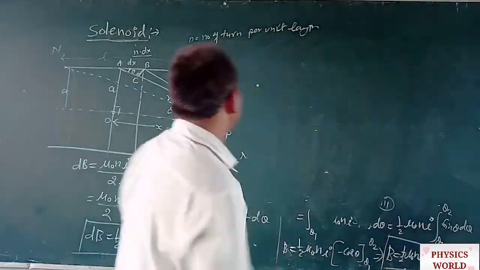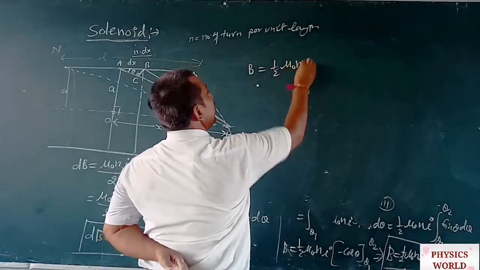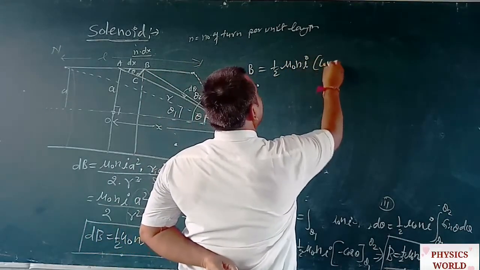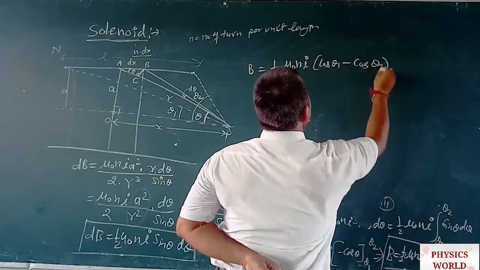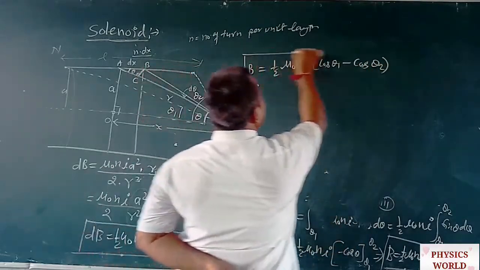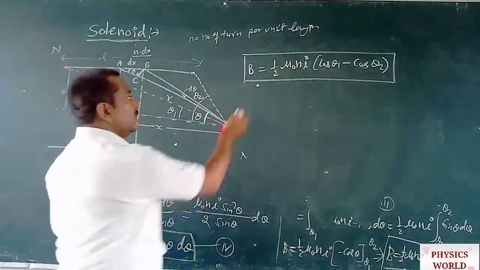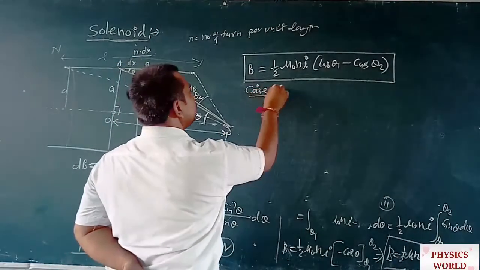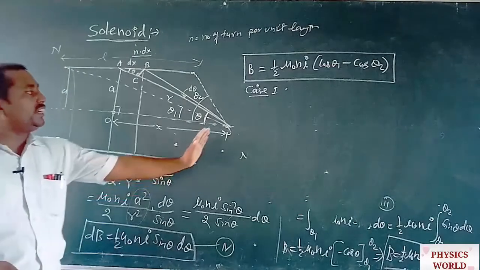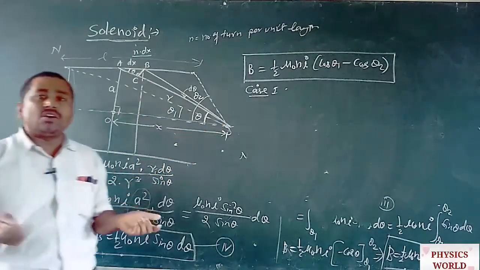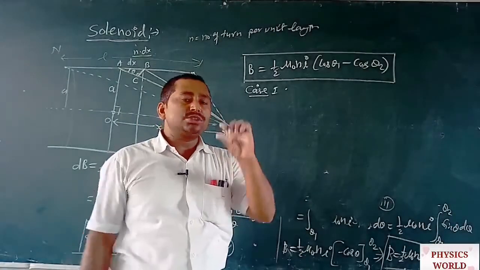This is B equal to 1 by 2 mu 0 ni cos of theta 1 minus cos of theta 2. Okay, so we can take two different cases. Special case 1, when we want to calculate the magnetic field inside a solenoid whose length is infinite and cross-sectional area is very small.